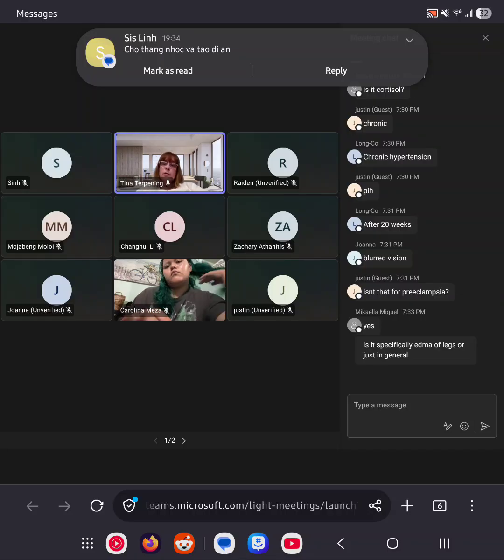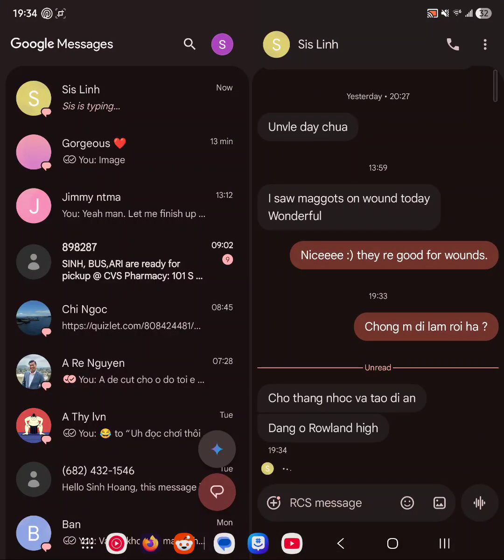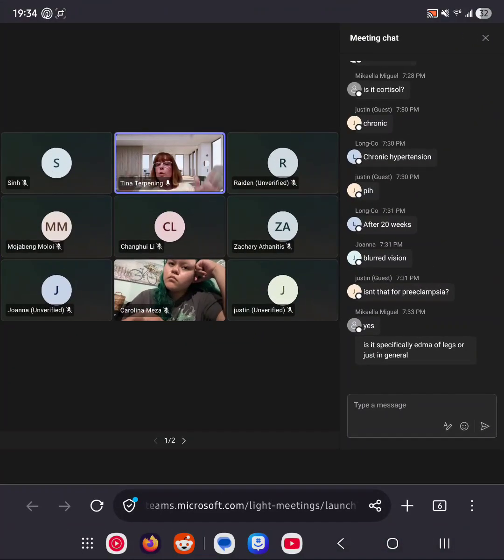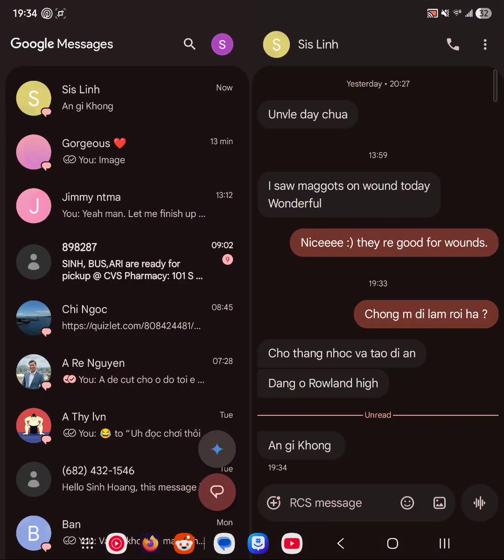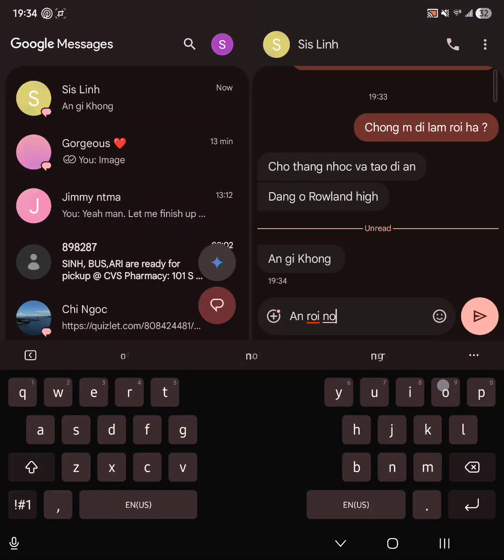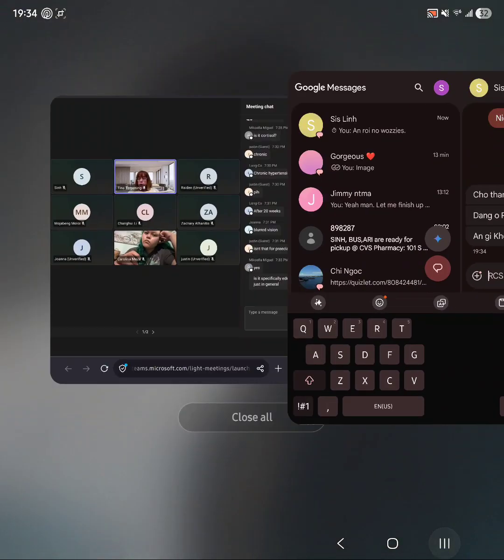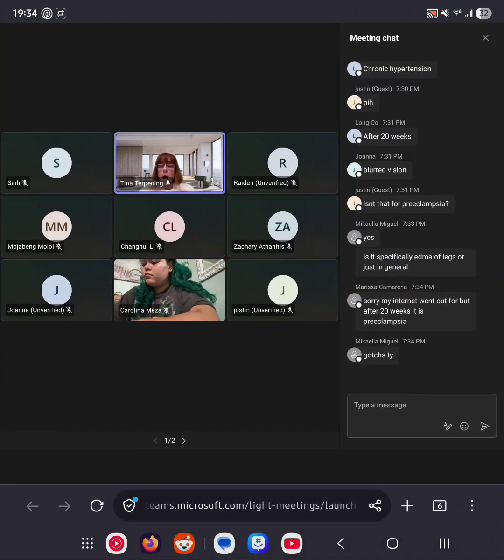So that is not what we're looking at. We're looking for edema in places that it wouldn't normally be. The hands, the face, the sacrum are the biggies, and then it can be more pronounced to anasarca if it progresses.